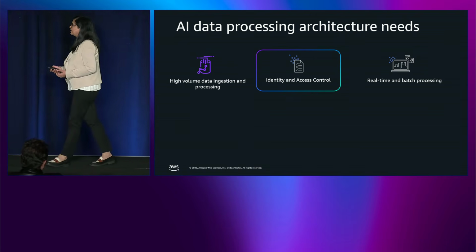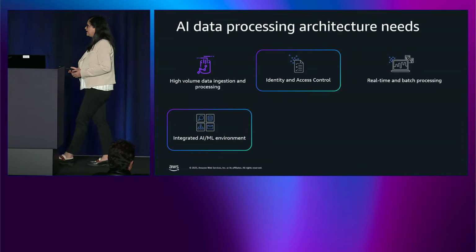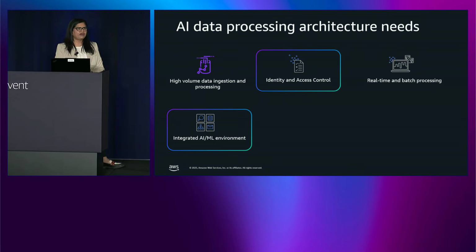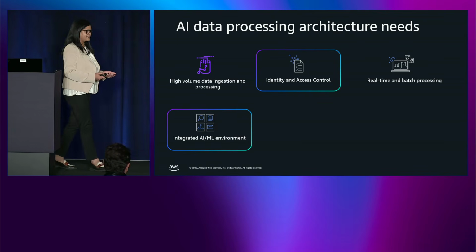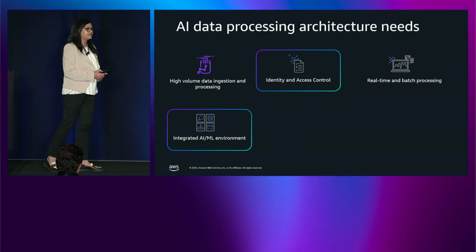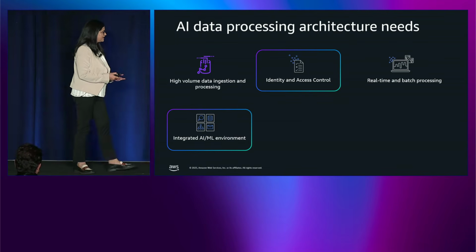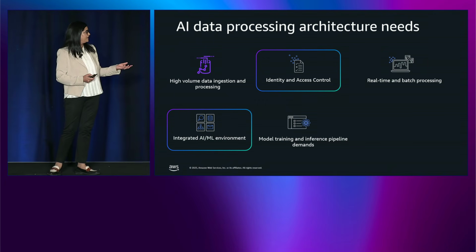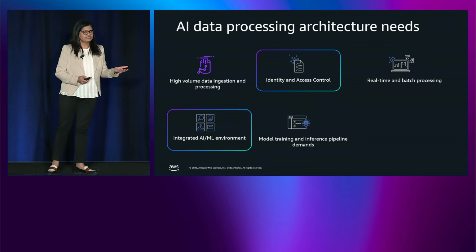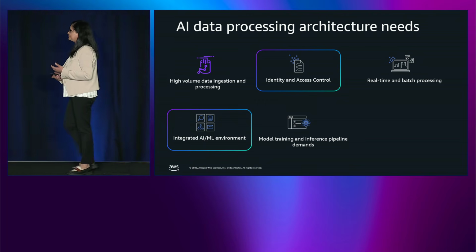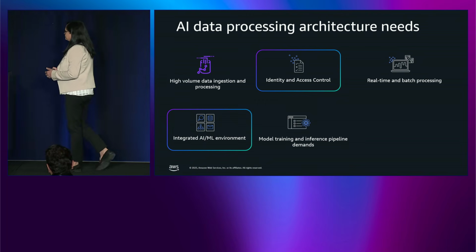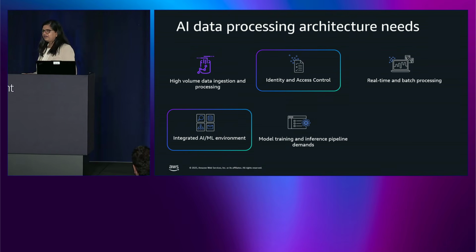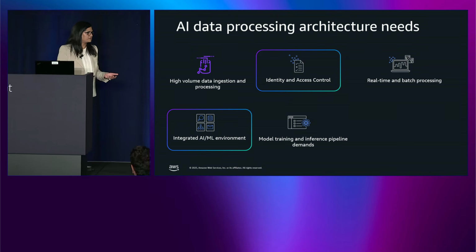You also need an integrated AI/ML environment where you can develop these applications. A lot of data scientists want an integrated AI/ML environment. And then you have model training and inference pipeline requirements as well, which include the compute to train models with massive amounts of data.